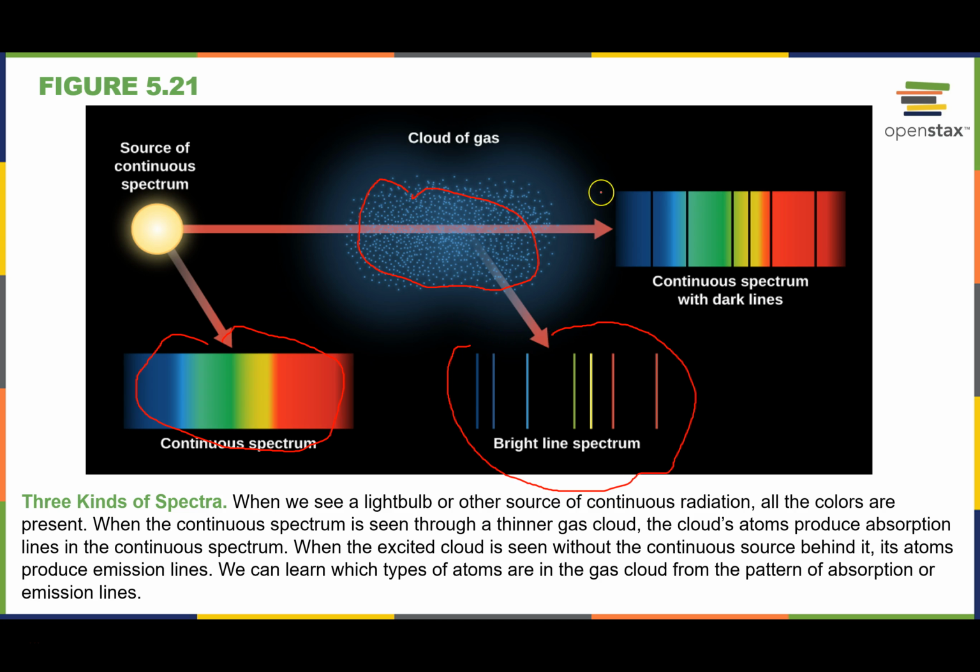And as they are excited, they take energies out of the continuous spectrum and make these dark line spectra, or absorption spectra. So those are the continuous spectrum, the absorption spectrum, and the bright line spectrum.